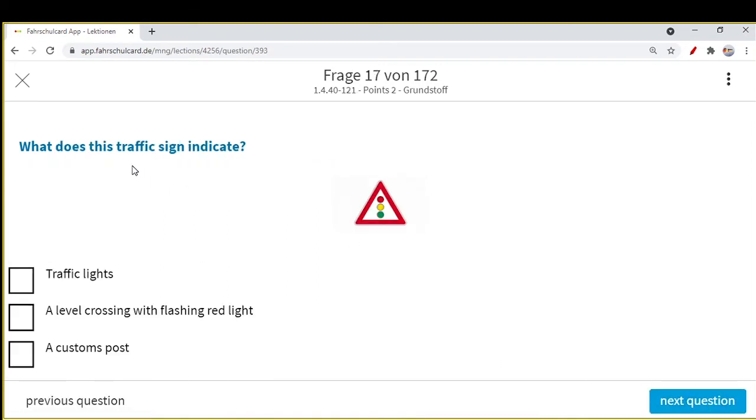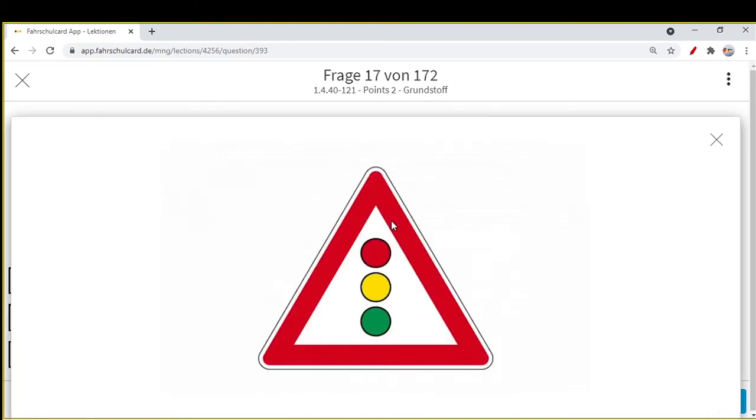Our next question is, what does this traffic sign indicate? So this is a common traffic sign when there are some Baustelle or construction sites and the traffic signal is not visible over there due to some construction, then this shield, or this traffic sign, is normally placed, and it's a sign of traffic light.